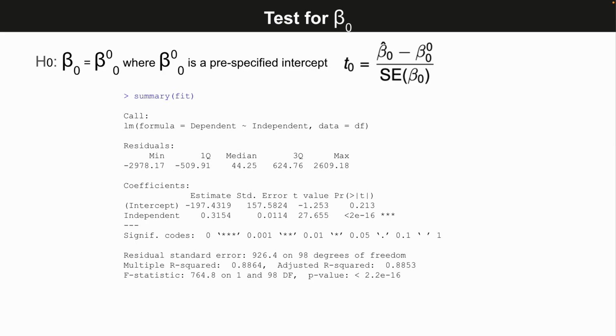For each of these quantities, you will derive a standard error for which you can calculate a t value. Now, this t value is actually a measure of how tight the correlation is. If you focus on the t value of your independent variable, the higher this t value, the lower will be your p value, and the tighter will be the correlation between x and y, which is what is reported on the bottom here, which is 0.8864.